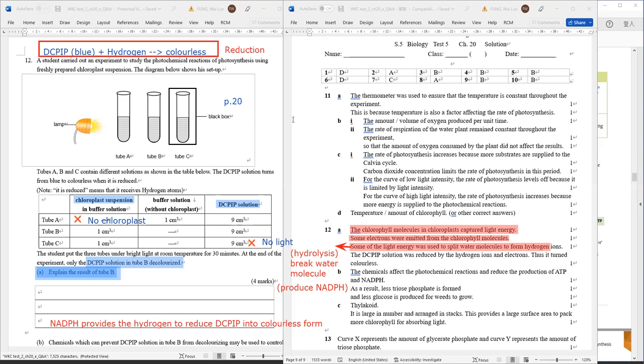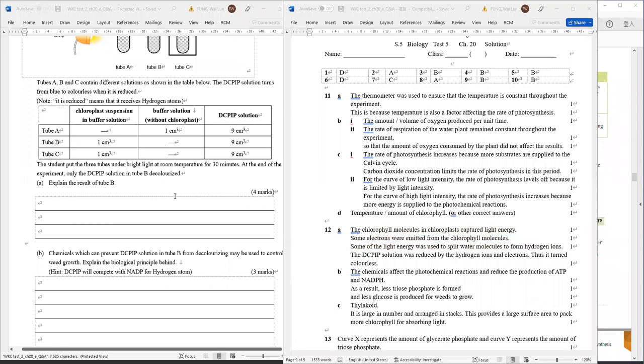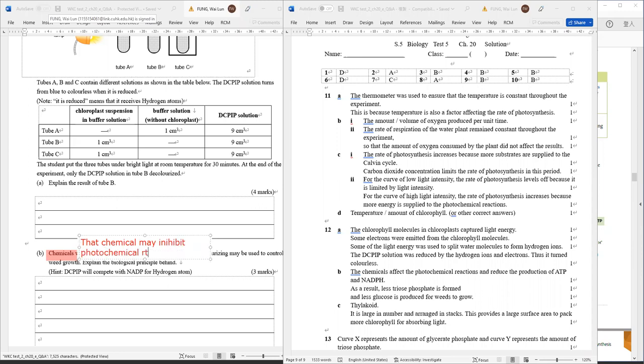Okay, second part. When you have some chemical that prevents DCPIP from decolorizing, let me highlight that chemical. That chemical may inhibit the photochemical reaction.